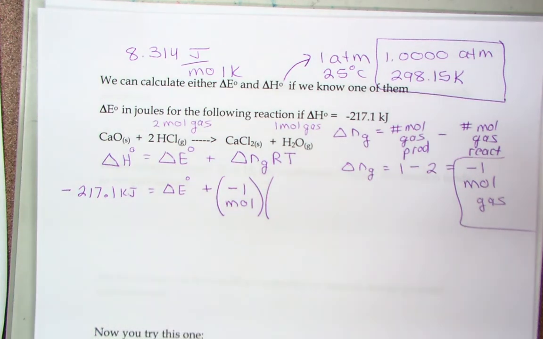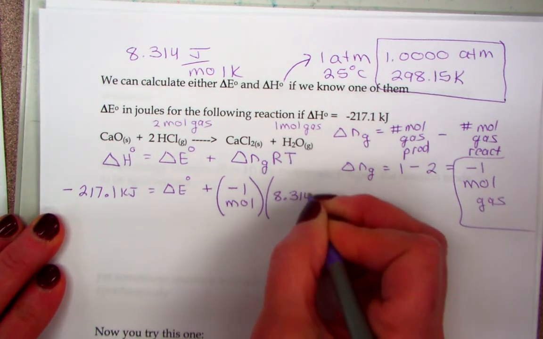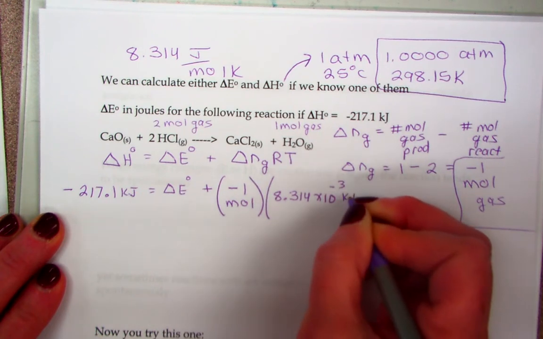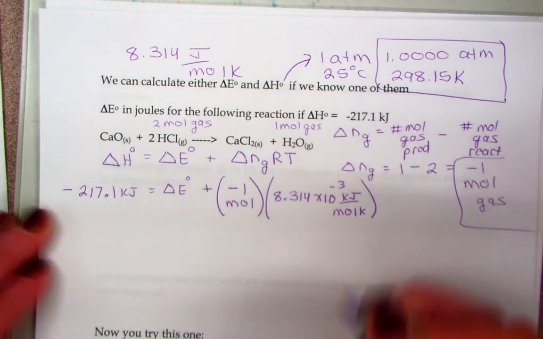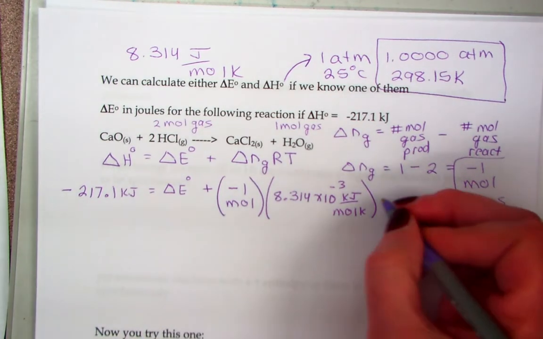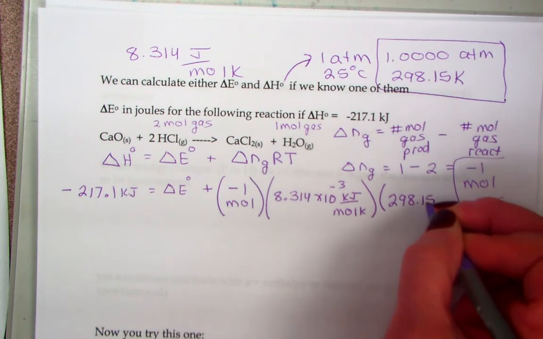So I need to get these in the same unit at some time. This is how I do it. 8.314 times 10 to the negative third kilojoules per mole Kelvin. So I just switch it to kilojoules right now and then use that when I'm multiplying out, times 298.15 Kelvin.